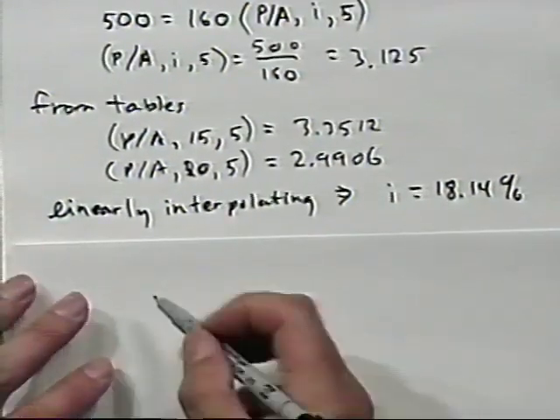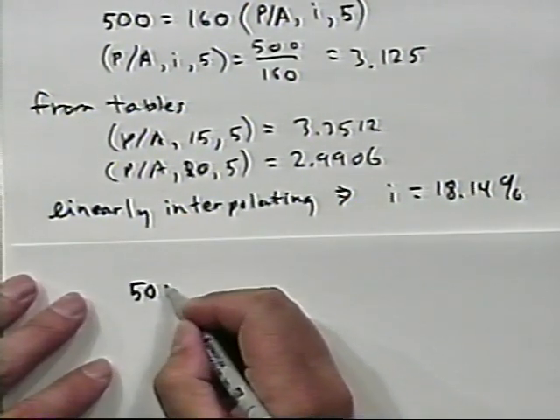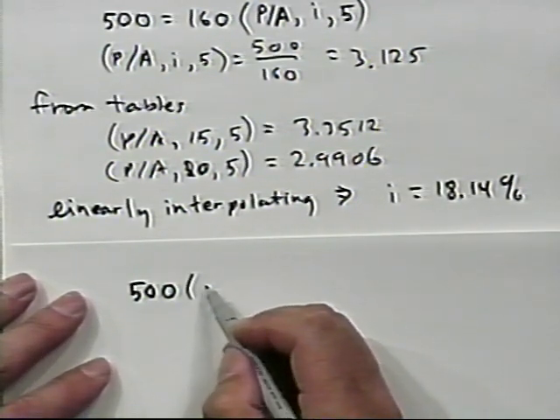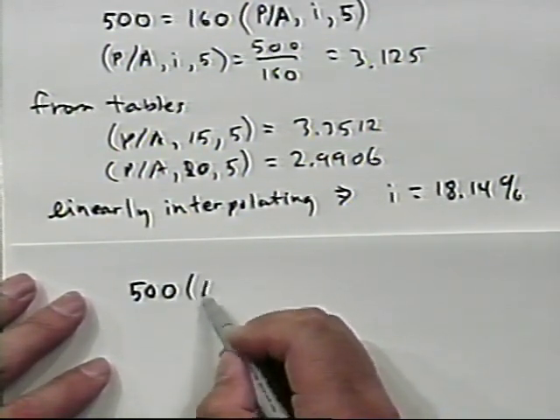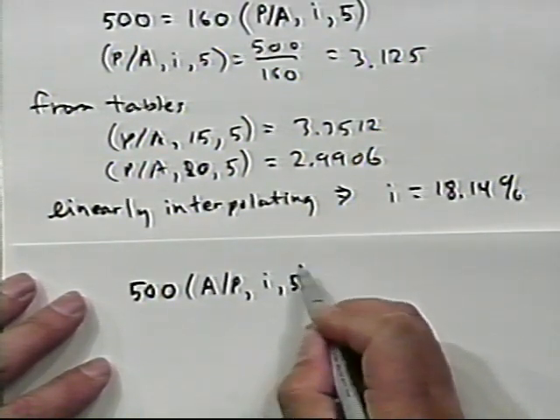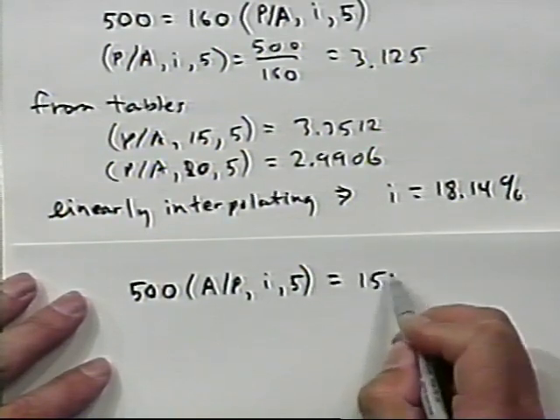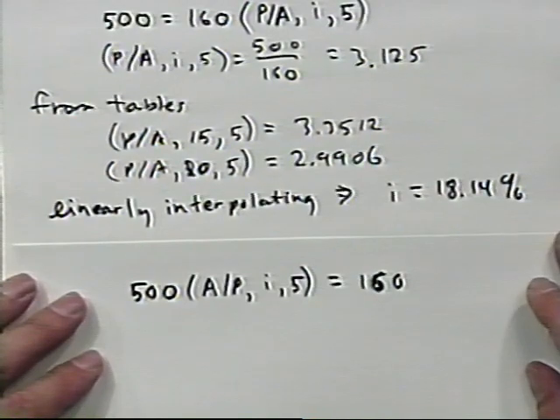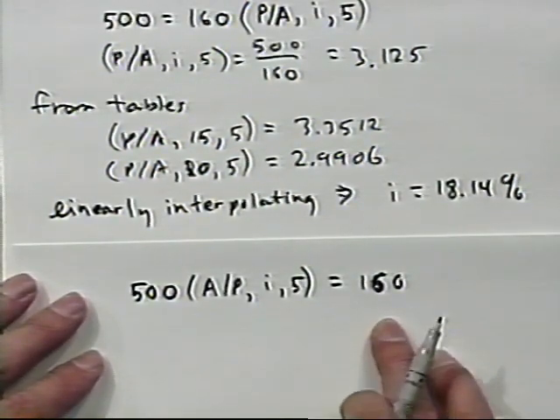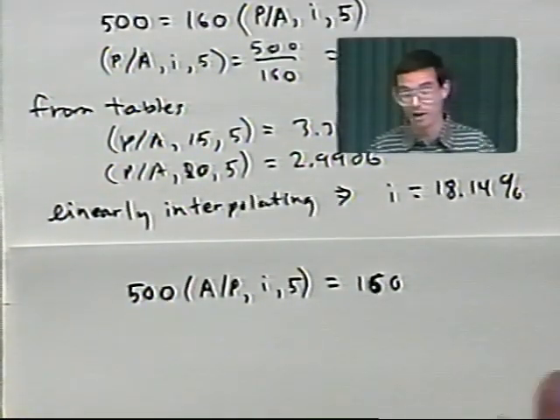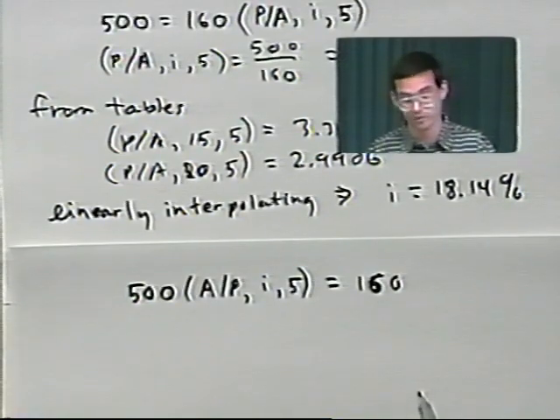I could have done it differently and said that $500 can be considered to be equivalent to an annuity at some unknown interest rate, and that has to be equal to the $160 savings. This is exactly the equivalent principle, because we're equating the disbursements and receipts in a fair way, either both as present worth or both as annuities.